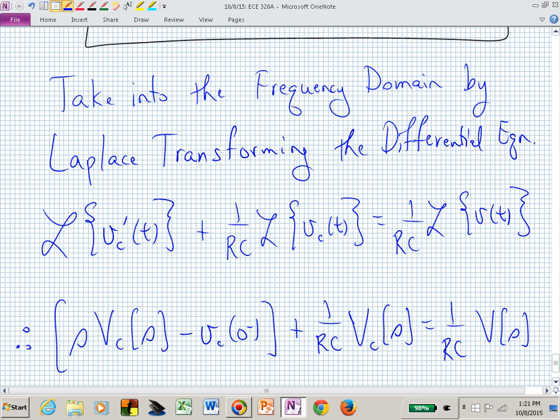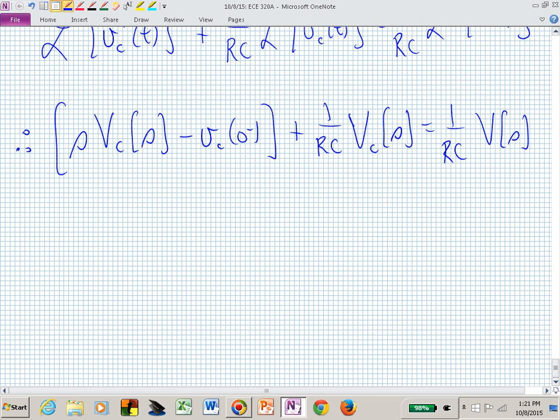And I can now split that into different pieces. Let's combine the terms that are associated with capital V sub c of s.